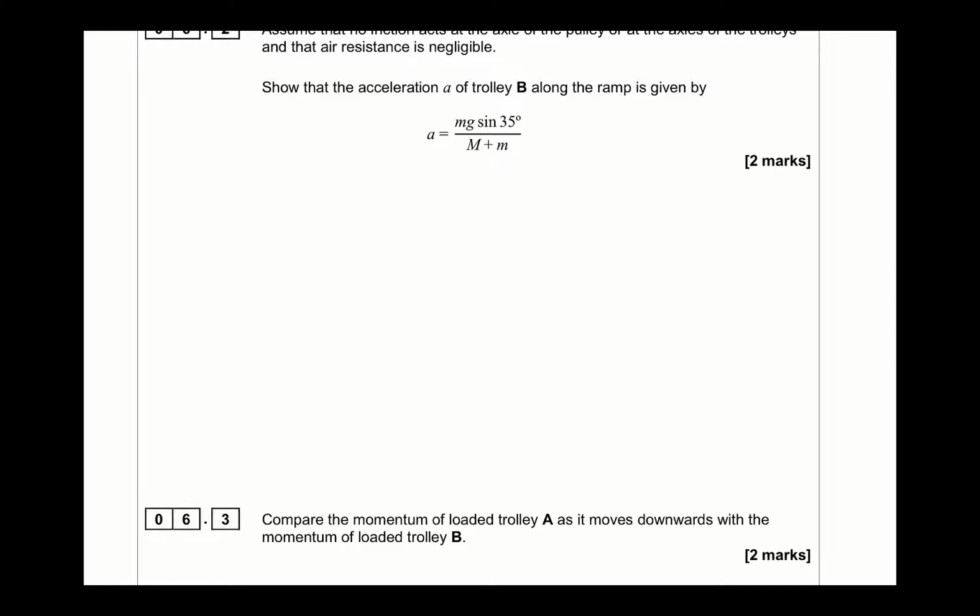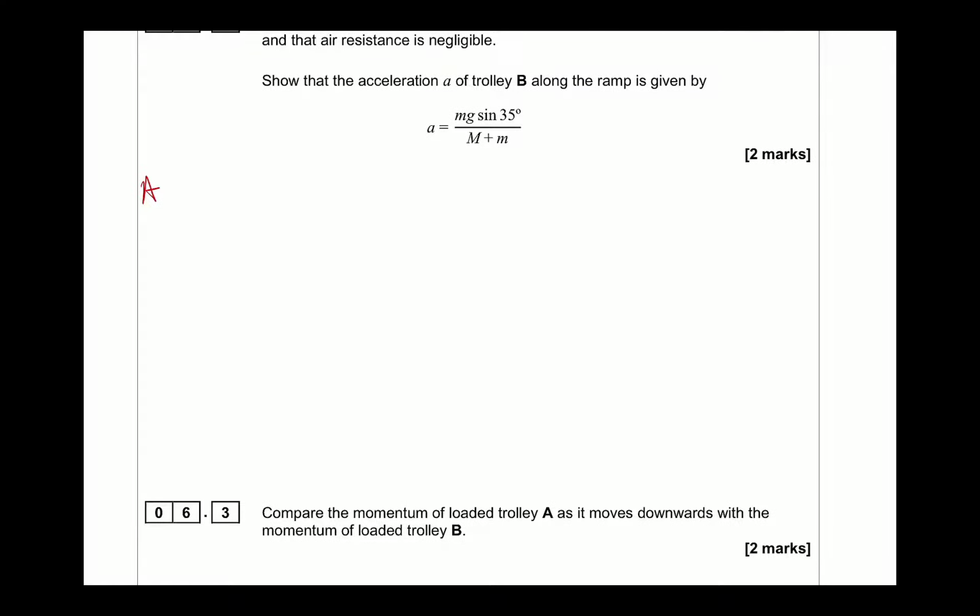Okay, if I look at trolley A, for trolley A, M plus 2m g sine 35 minus the tension is equal to M plus 2m times a.